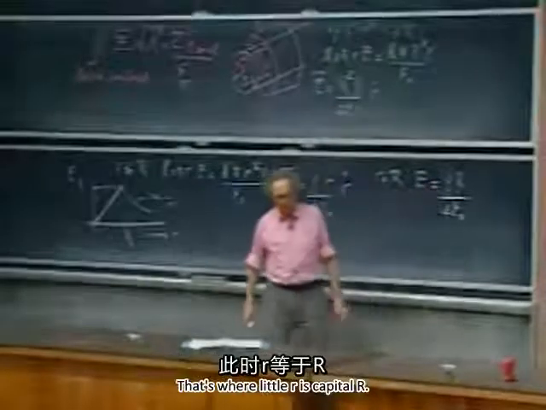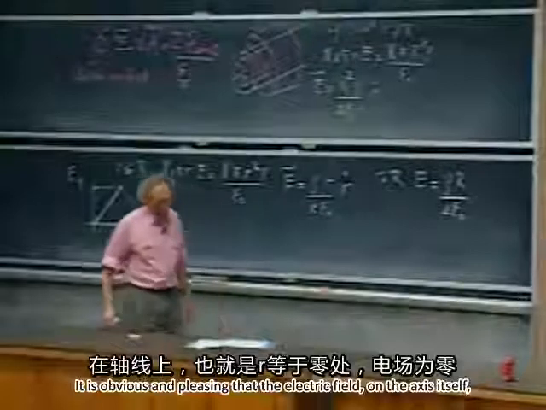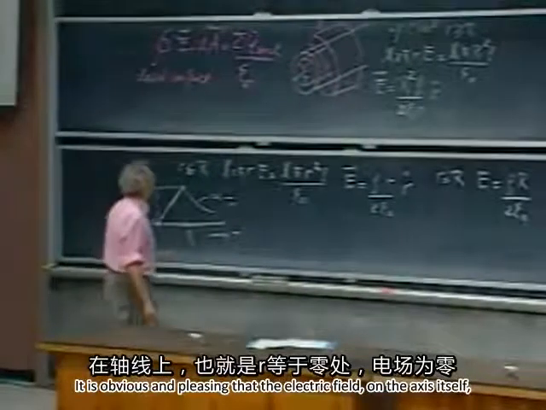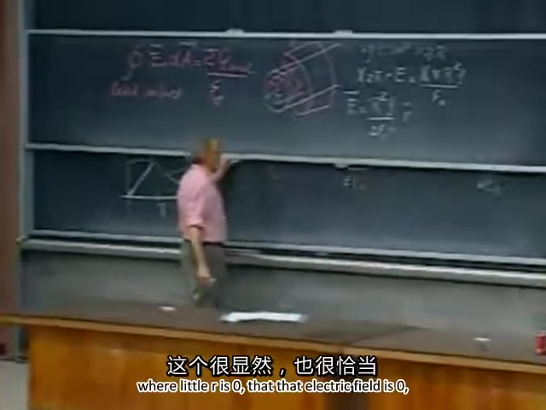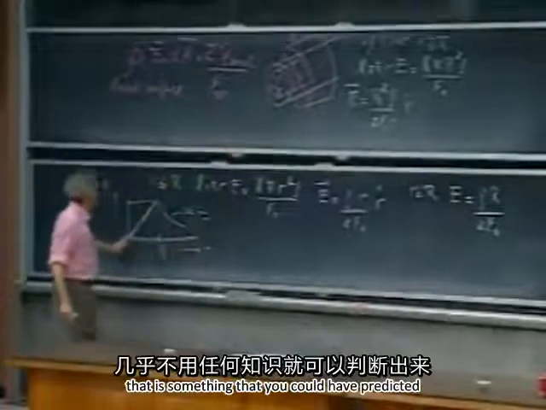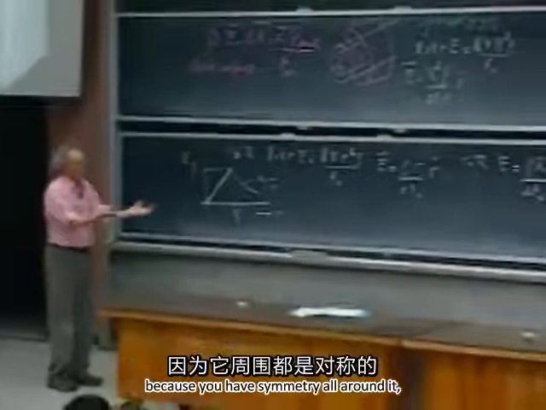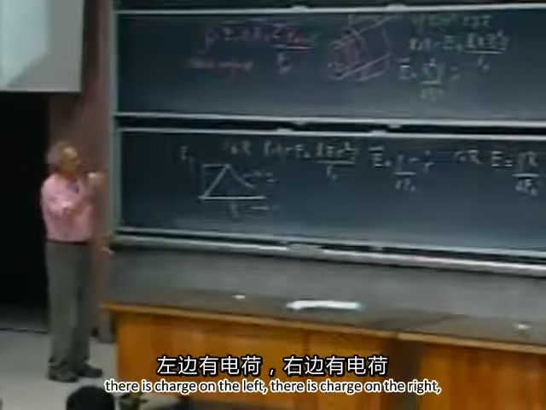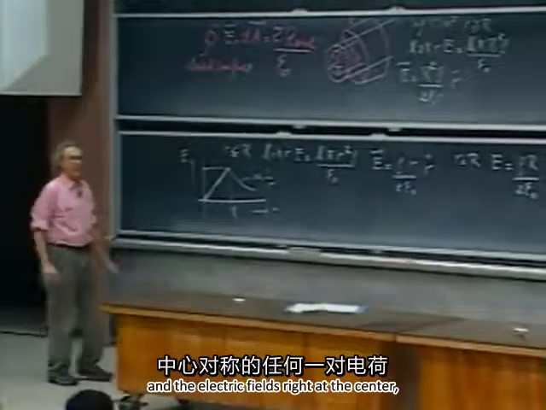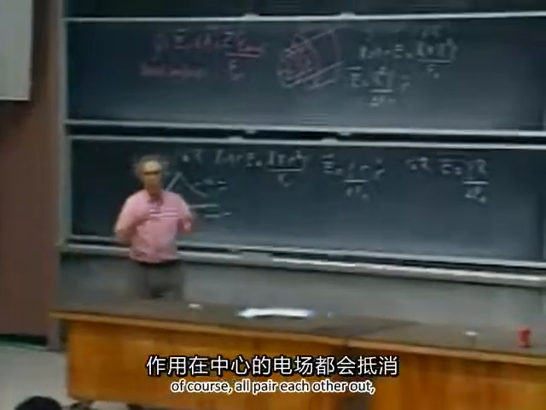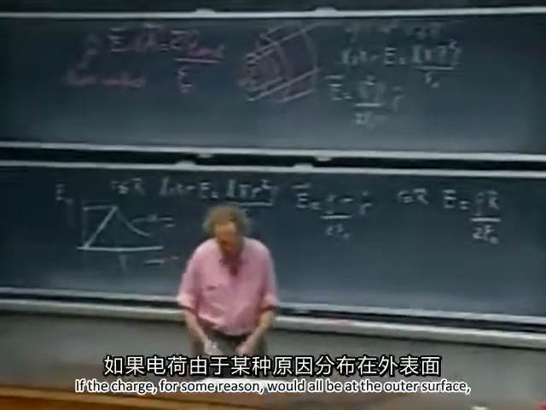That's where little r is capital R. It is obvious and pleasing that the electric field on the axis itself, where little r is 0, is 0. That is something that you could have predicted almost without any knowledge, because you have symmetry all around it. There is charge on the left, there is charge on the right, there is charge on north and south, and the electric fields right at the center, of course, all pair each other out, and so you get no electric field right at the center.